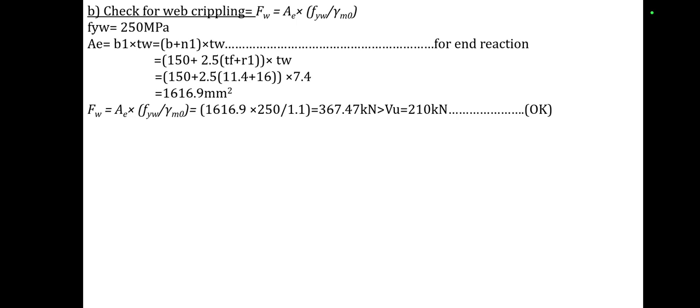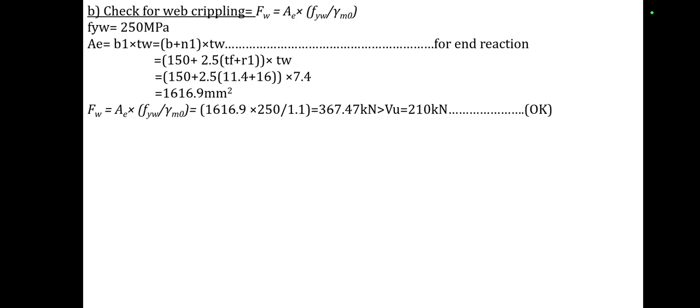Substituting the relevant values, that is N1 is equal to TF plus 2.5 into TF plus R1, and TW's value is 7.4, we get the AE as 1616.9 mm square.